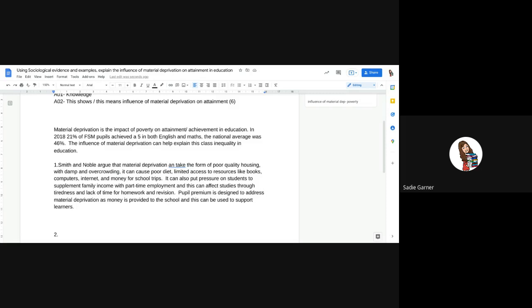I know we haven't done policy yet, but pupil premium is a sum of money given to schools and is designed to address material deprivation, as it can be used to support learners.